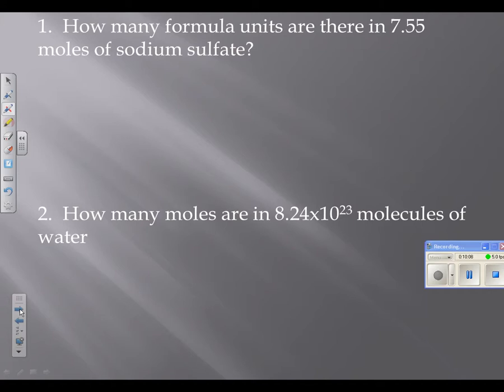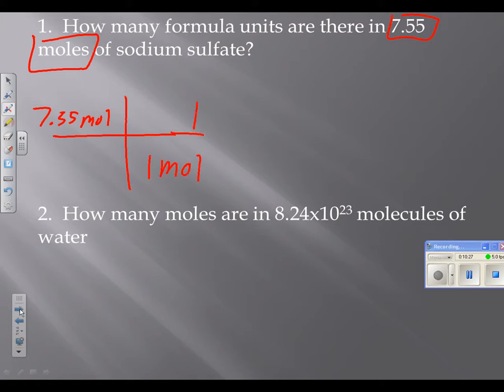So let's do more math. How many formula units are there in 7.55 moles of sodium sulfate? We're going to start off the same way. We have 7.55 moles, that's our given, so it goes right here. If we got mole on the top left, we got 1 mole on the bottom right. And up top, we're going to formula units, or the FUs.